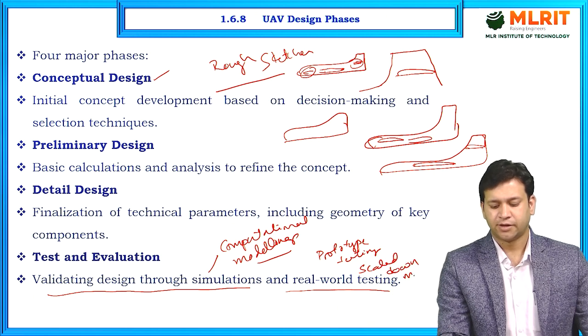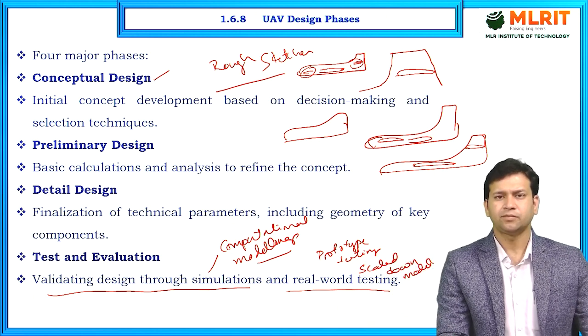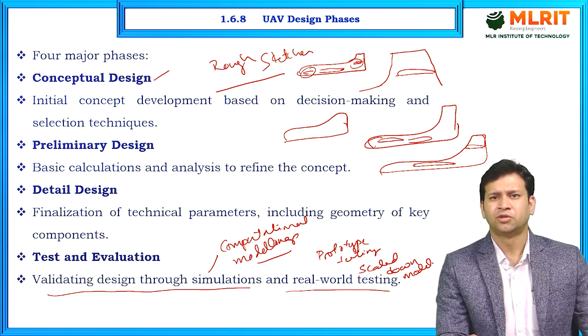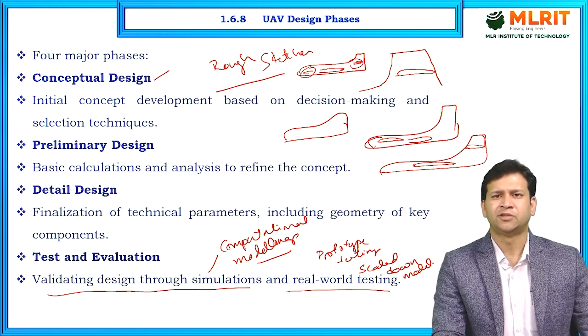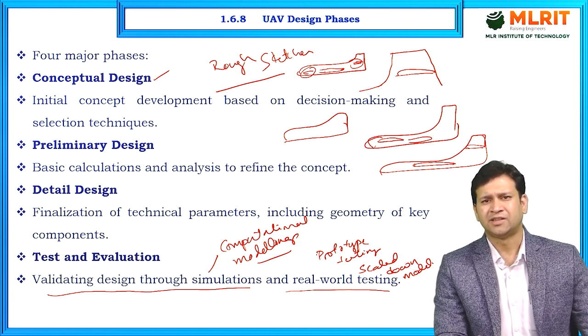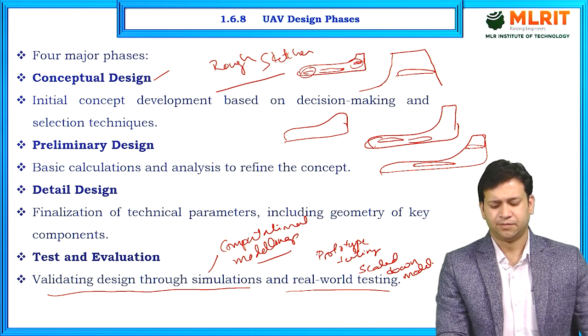Correct? Scale down model. Then again we have the concept of flow similarities and dynamic similarities. Based on this, using these similarity principles, we conclude our testing for full scale model.